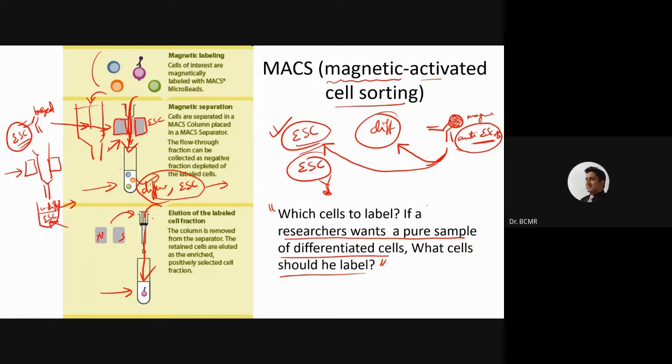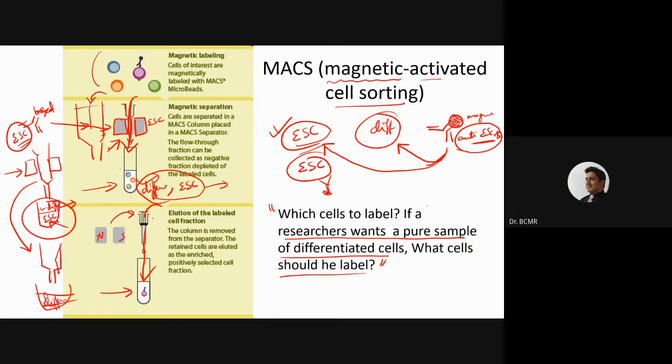That is the goal, because even one of it would jeopardize the whole concept of embryonic stem cell technology. So if we have labeled the differentiated cells, and then we would get rid of embryonic stem cells, then we can take the column out of the magnets, and then we could probably get only the differentiated cells.